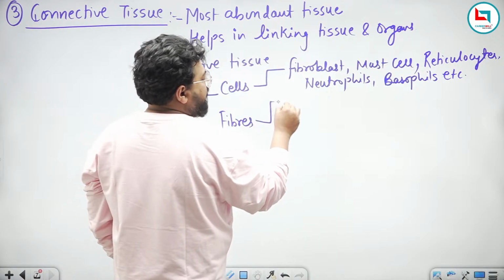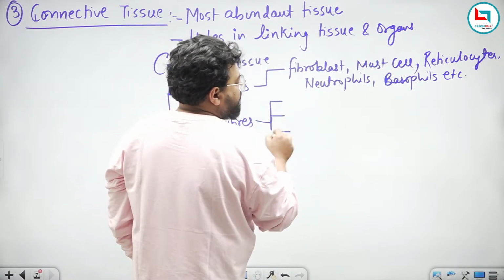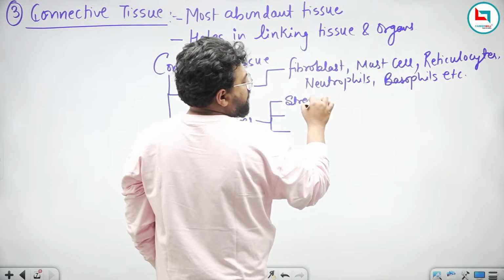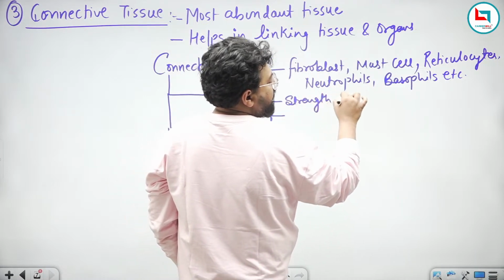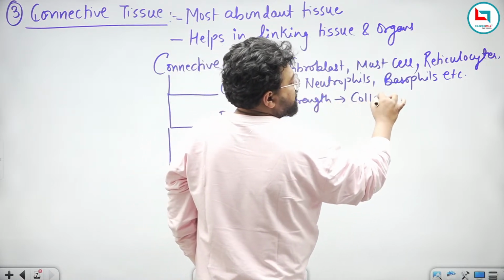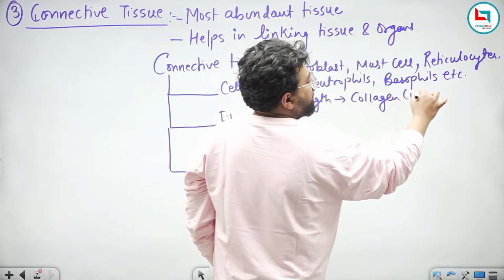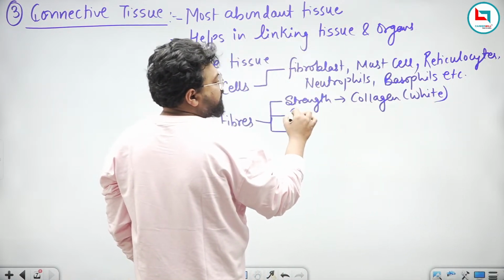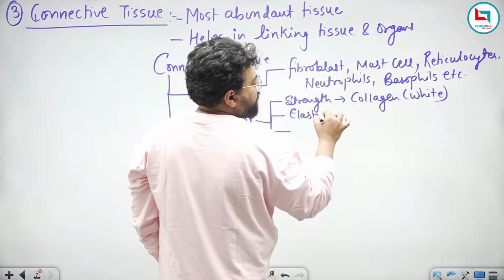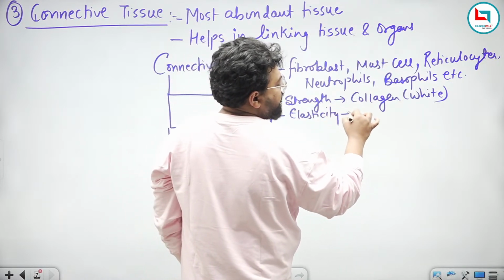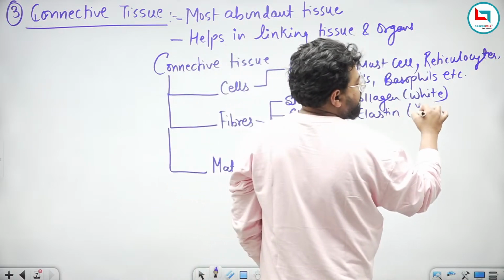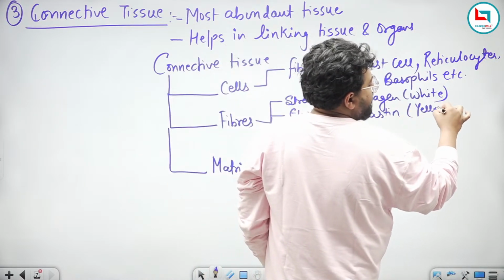Talking about the fiber, we have three different types of fiber. One is for strength, and this fiber is collagen, which is white in color. Another is for elasticity, and this fiber is known as elastin, which is yellow in color.